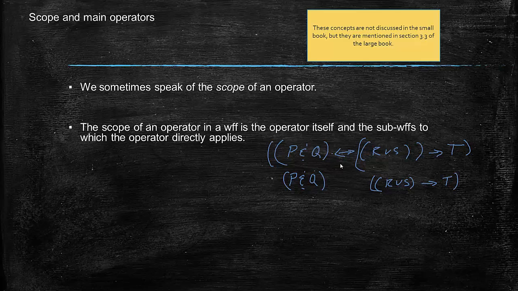Now the scope of the biconditional is the two formulas that it connects, and that is this formula and the biconditional. So the scope of the biconditional is actually the whole formula. And so we call the biconditional the main connective or main operator.